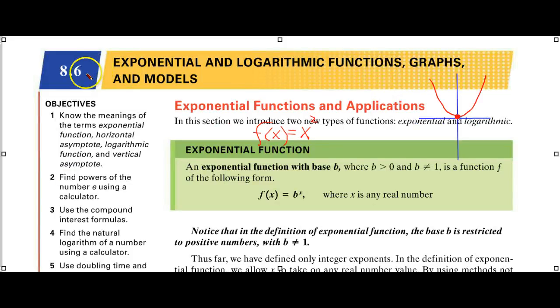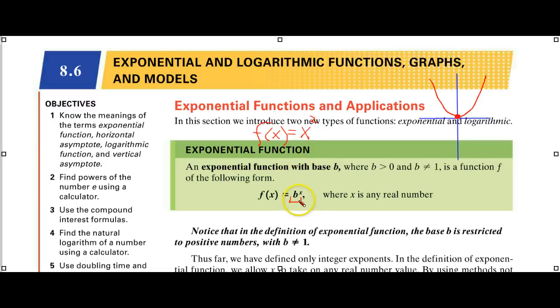Now in section 6, as we look at exponential and logarithmic functions, here's what we had seen in the previous lesson, where you had a function equals x squared. Now in exponential functions, we're going to have f of x equals a value of something, but the exponent is now the unknown.